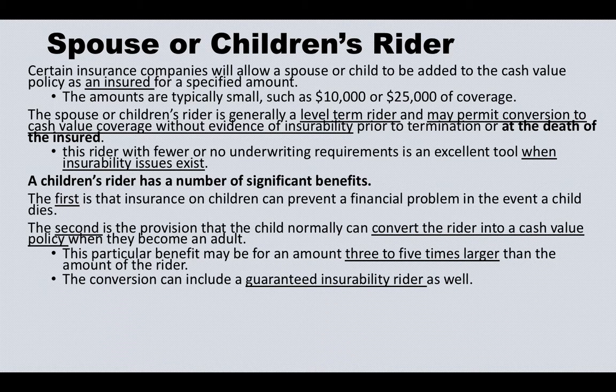The second is the provision that a child can normally convert the rider into cash value coverage when they become an adult. This particular benefit may be for an amount 3 to 5 times larger than the amount of the rider. The conversion can be included in the guarantee insurability rider as well.